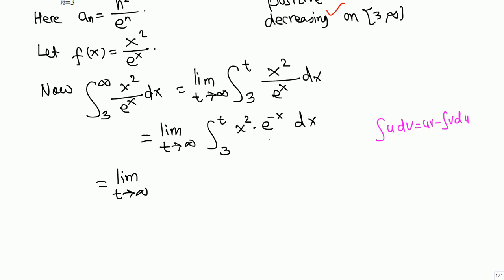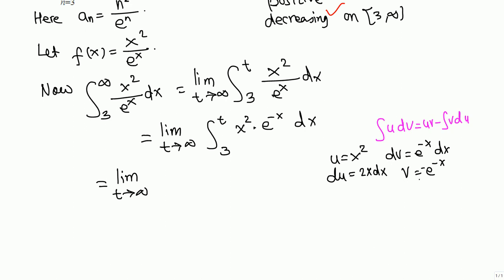So we need to choose u and dv. For this question, u is always the polynomial part, x squared, and dv is e to the negative x dx. Find du: the derivative of x squared is 2x dx. And integrate dv: v is e to the negative x divided by negative 1, so negative e to the negative x.